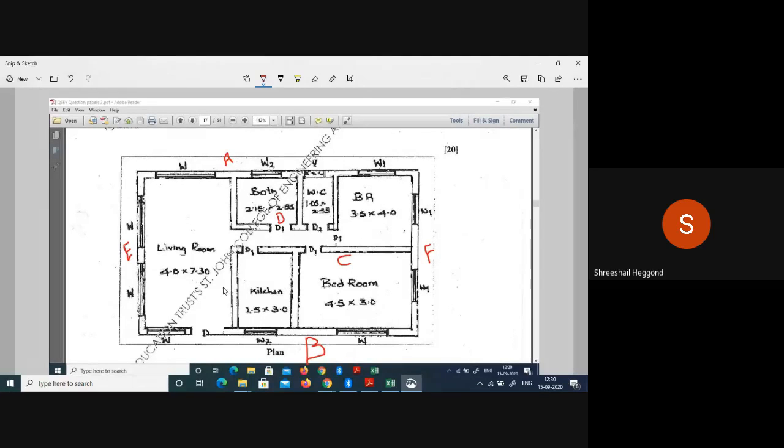And this kitchen, both the walls can be written as G and H. I. This can be written as J, and this can be written as K. Is there any other walls?